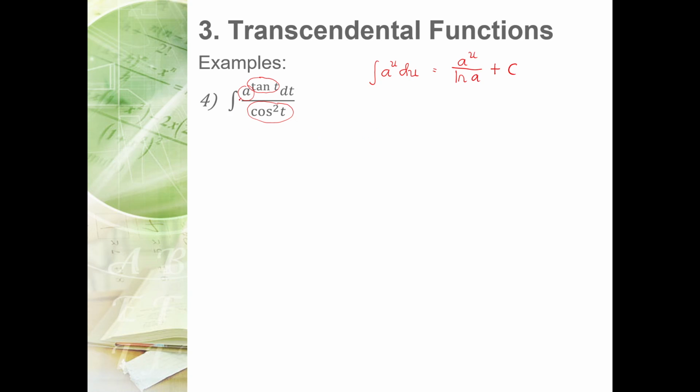So again, we declare the different functions. A is still a, and your u parameter is the tangent of t. Okay, so getting the derivative, because we still have to replace dt and the remaining cosine squared t in the denominator. The derivative of tangent t is secant squared t dt.